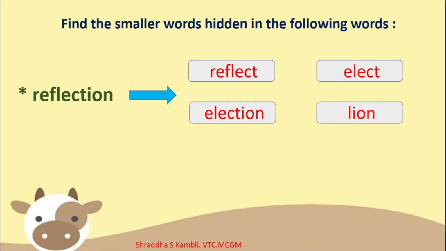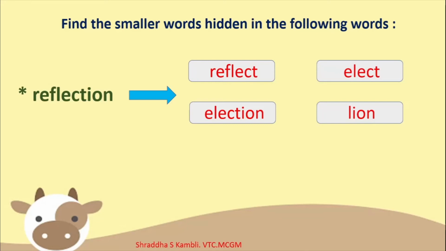And if you see carefully, you will see many other words also. For example, you can write F-E-E-T, feet, F-E-E-L, feel, R-E-E-L, reel. So that is up to you. Okay, I've given you 4 words. You can put on your thinking caps and try to find out some more words.